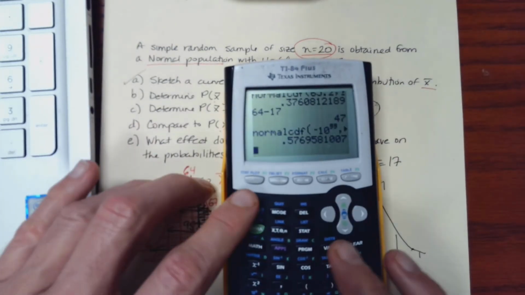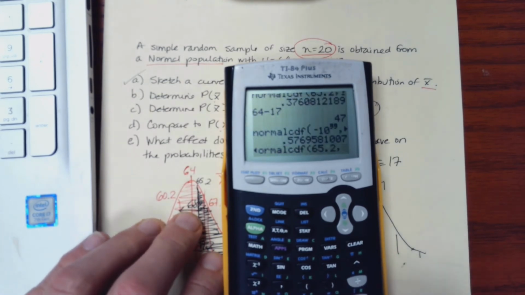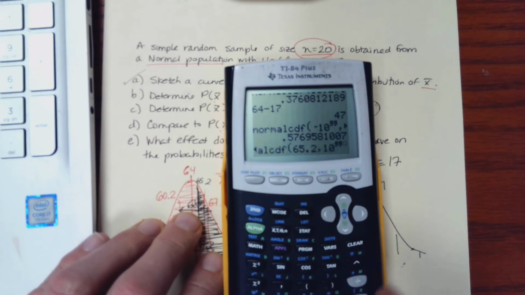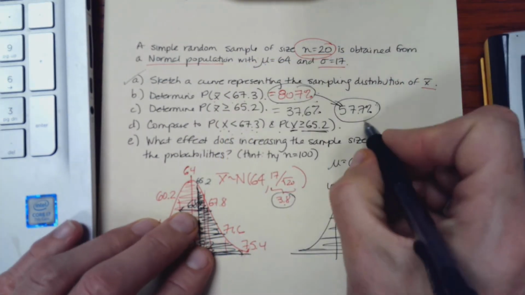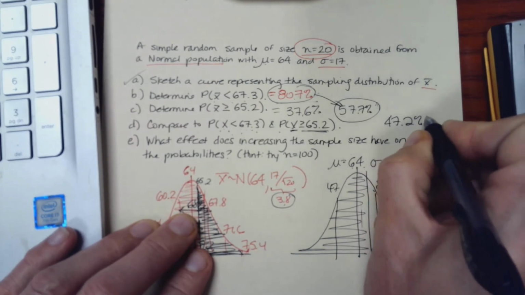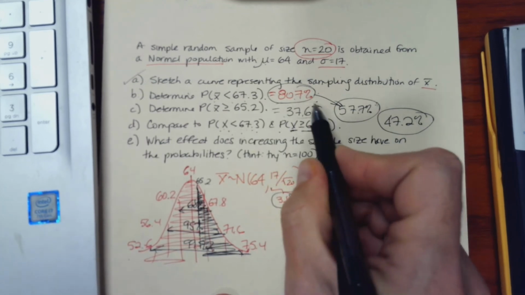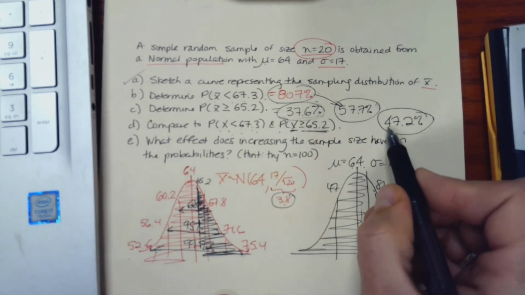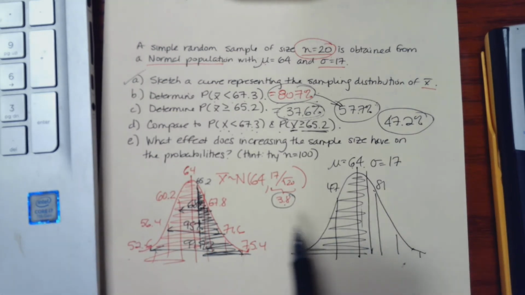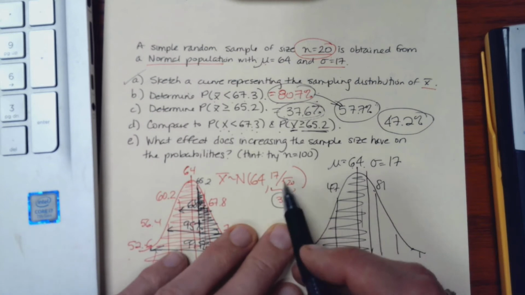I'm going to use my normal CDF, 65.2, 10 to the 99th for my upper bound, centered at 64 with standard deviation 17, and that is 47.2%. And so it goes from just about a 38% chance to a 47% chance. Again, that's just as my standard deviation there increases.